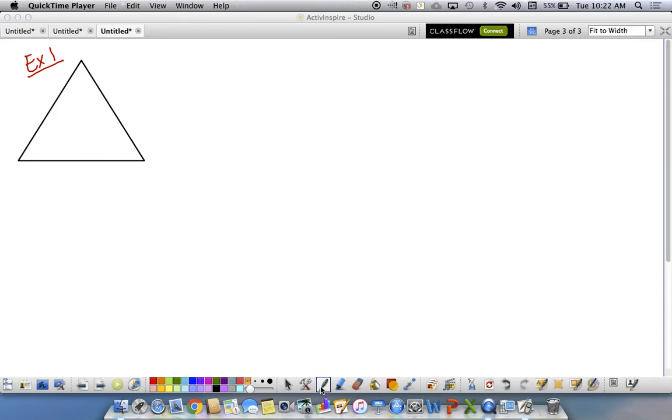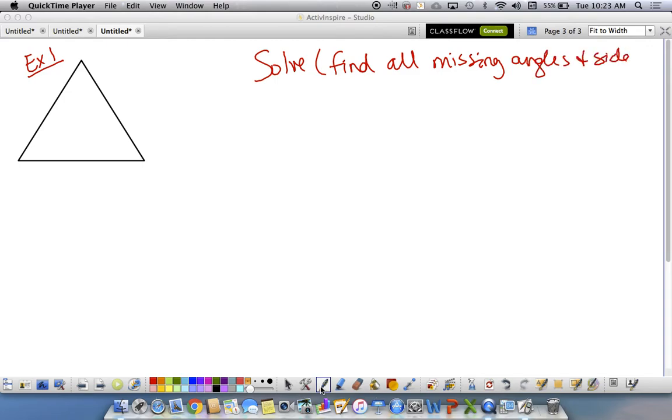Now what does it mean to solve? Solve says find all missing angles and sides.